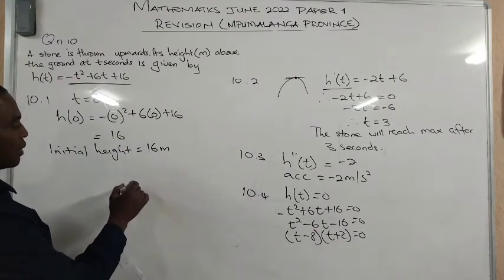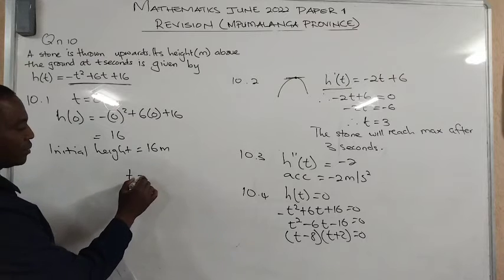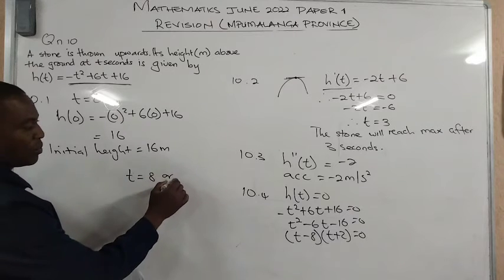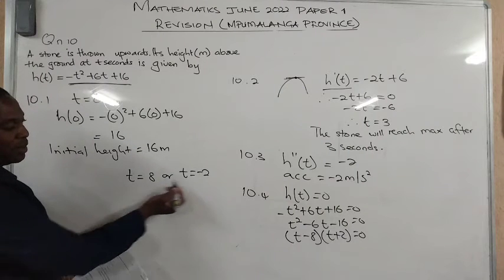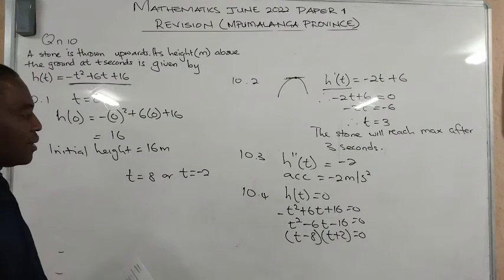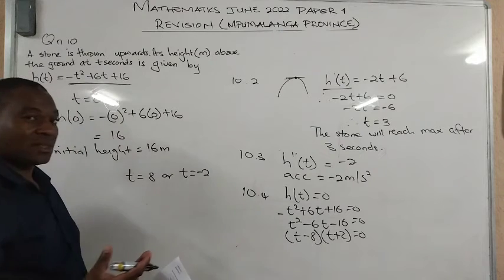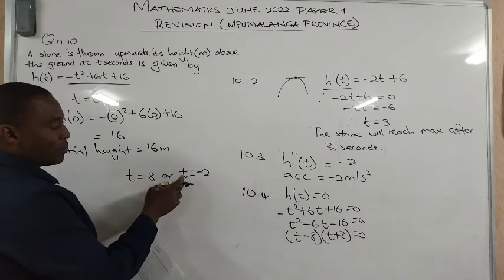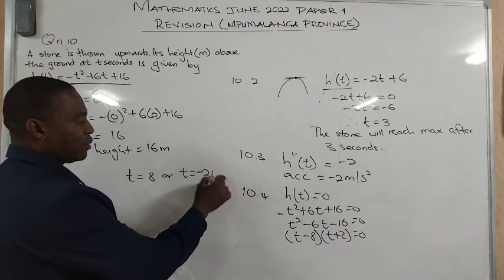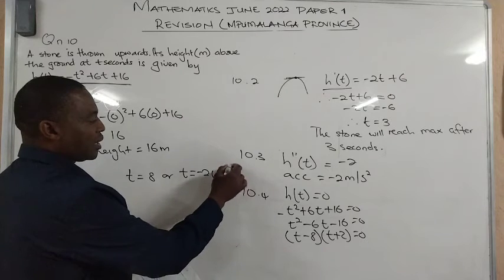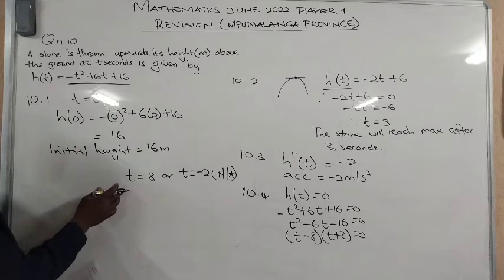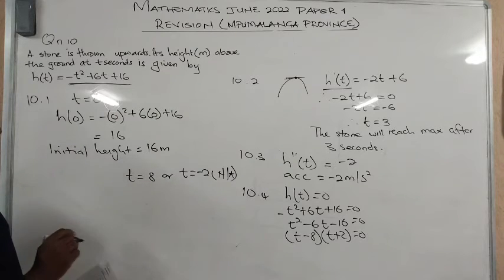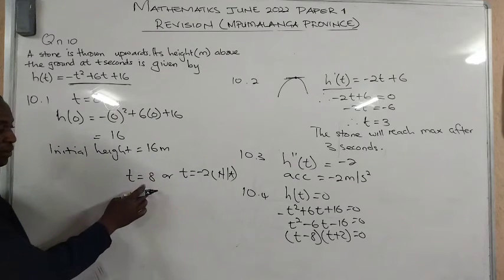So our t will be equal to 8, or t will be equal to -2. Just looking at the answers, remember our time starts at 0. So t equal to -2 is not applicable in this situation. So the stone will hit the ground when t is equal to 8.